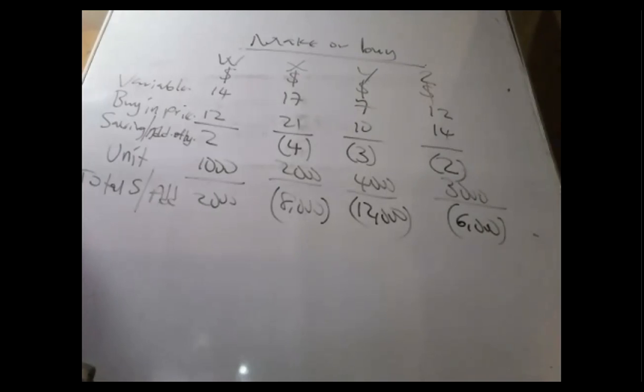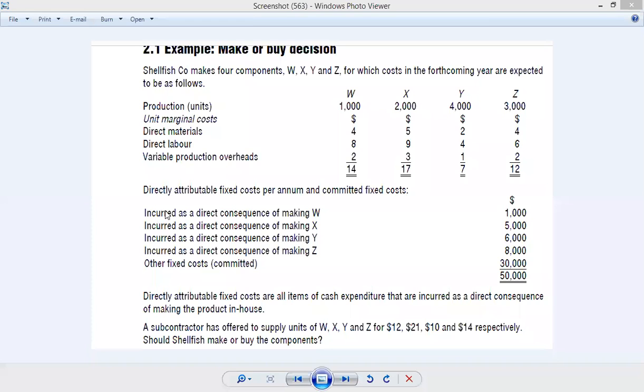So let's pick those fixed costs, and they are here. They say incurred as a direct consequence of W. So W is 1,000. Put it down. We have 5,000, 6,000.